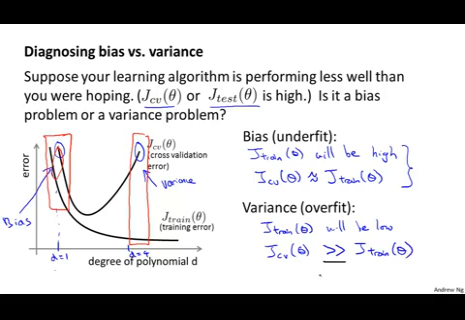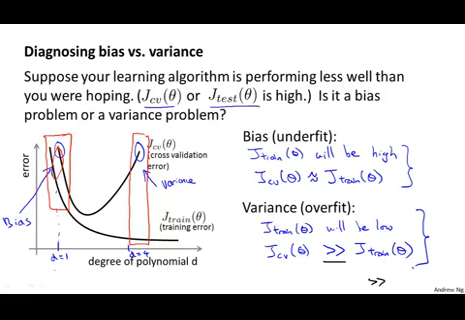So there's a double greater than sign. That's the math symbol for much greater than, denoted by two greater than signs. And so if you see this combination of values, that's a clue that your learning algorithm may be suffering from high variance and might be overfitting.